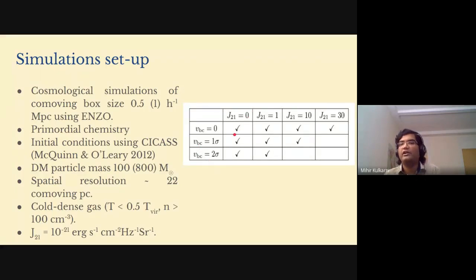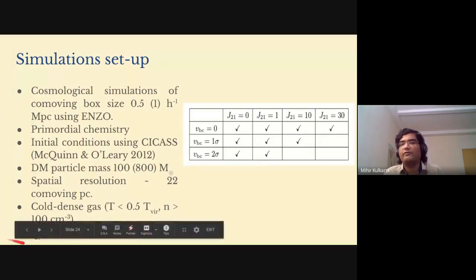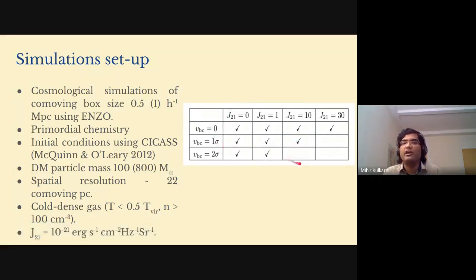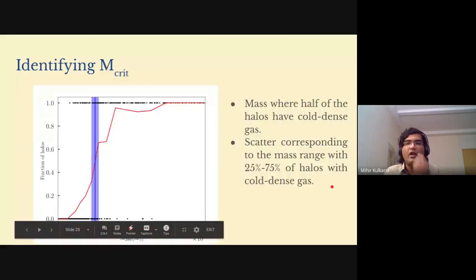We included 4 different Lyman-Werner backgrounds, going from no Lyman-Werner background to various values in units of J21, which is a typical value, as well as 3 streaming velocity cases.